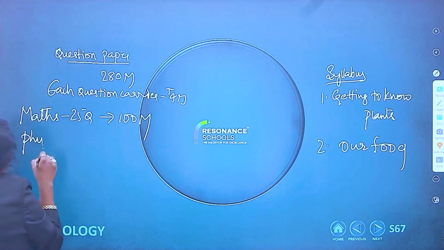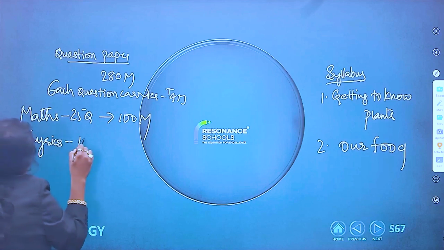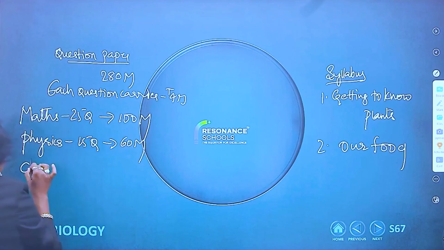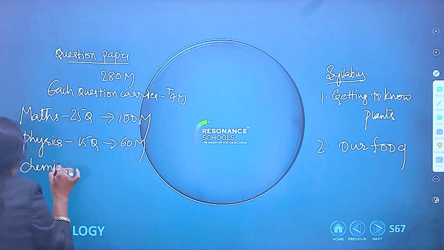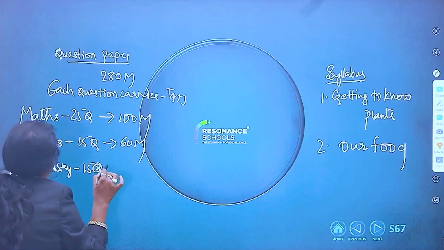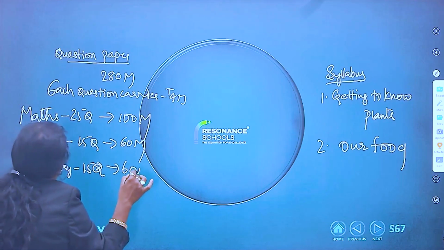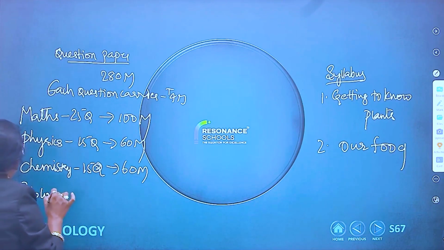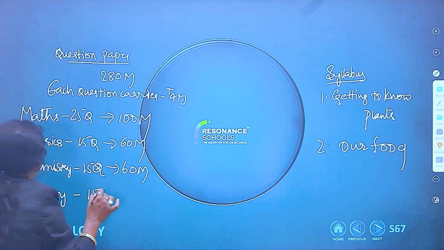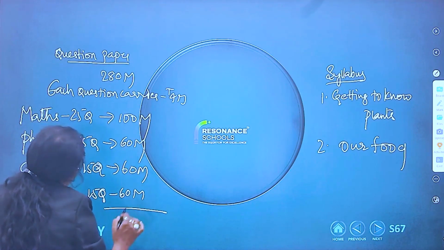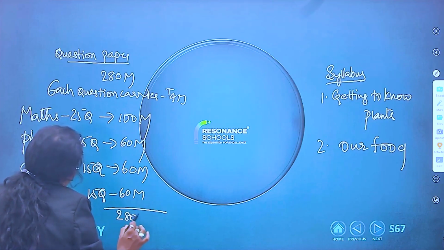Physics: number of questions 15, total 60 marks. Chemistry: number of questions 15, 60 marks. And Bio: number of questions 15, total 60 marks. All together 280 marks.